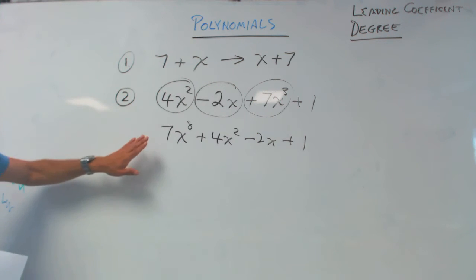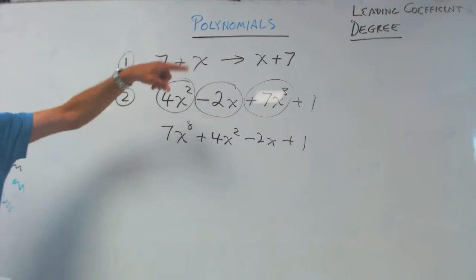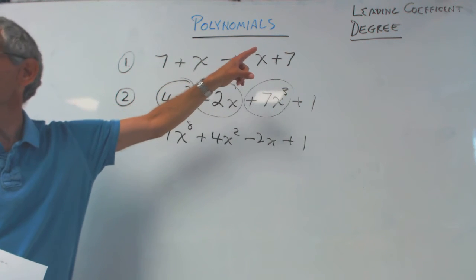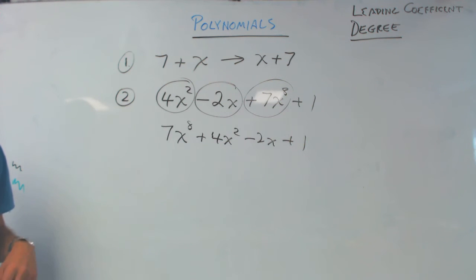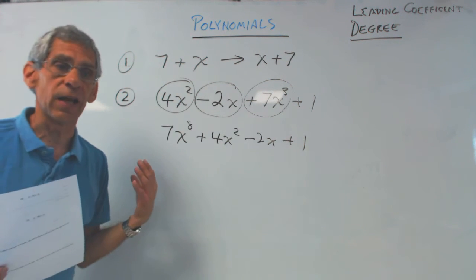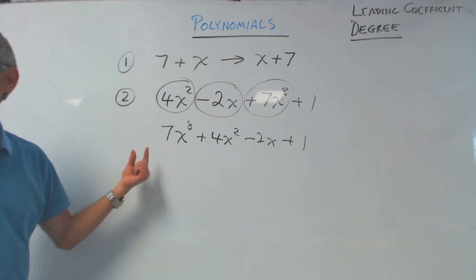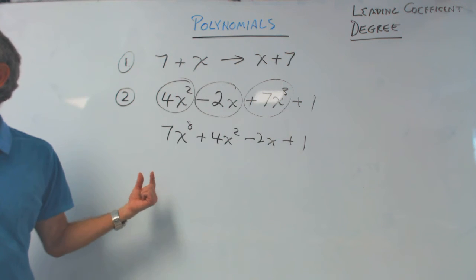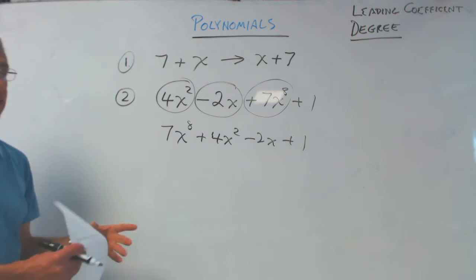I'm just showing you how to write it in correct format first, because you can't find the degree easily or the leading coefficient unless it's in the right order. Now, when it's in the right order, the leading coefficient is the number in front of the x with the highest exponent. 7 is your leading coefficient.